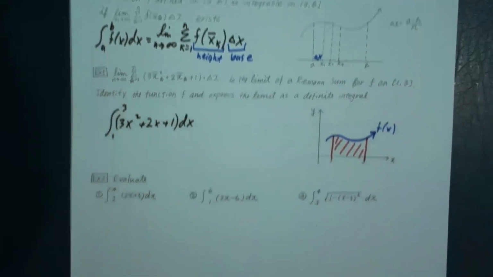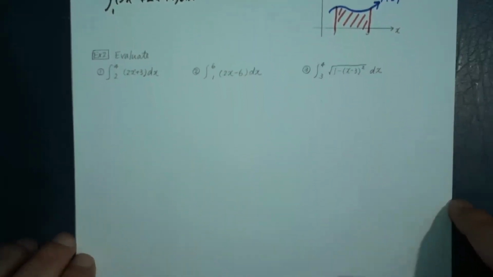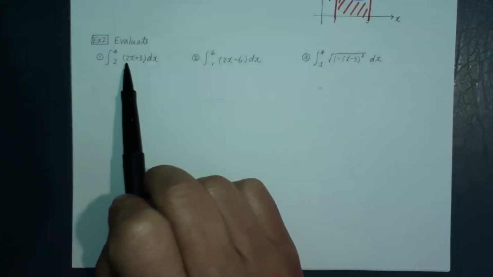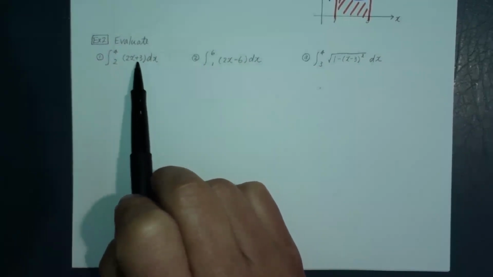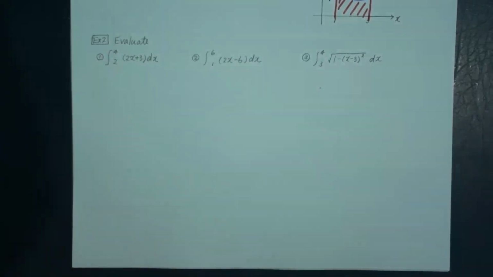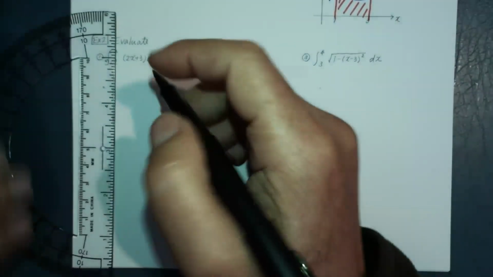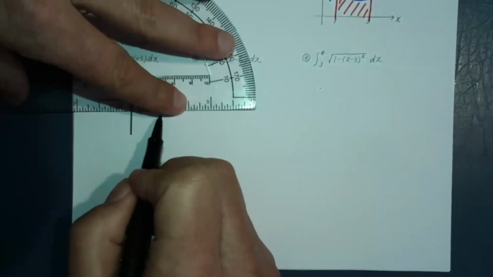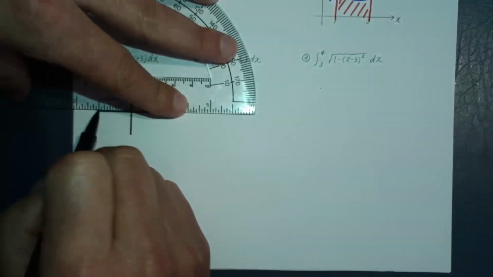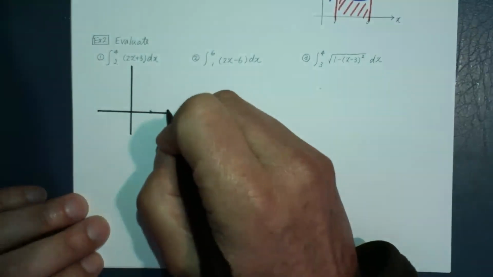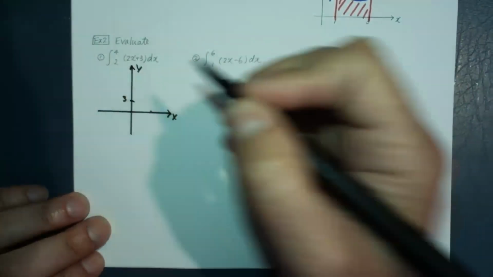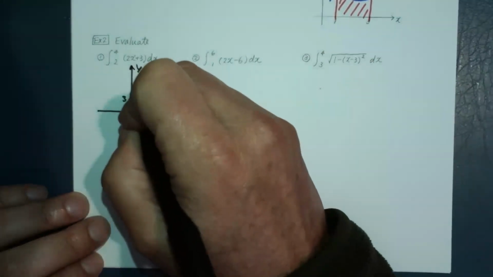All right. Let's find some areas under the curves, but these are very specialized functions. So we have a line here, y equals mx plus b. The slope is 2. The y-intercept is 3. And I want to draw this picture. So here's 3, up 2 over 1.